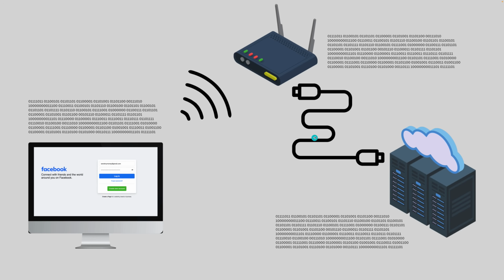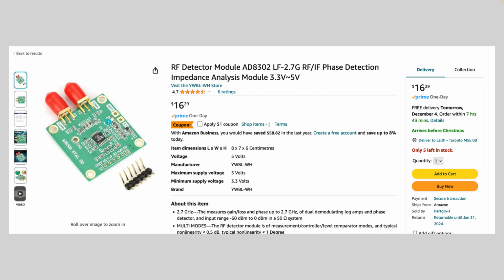So for example, if I was sitting right next to you and I wanted to know what your email and password are, I can just buy this thing on Amazon, which costs 17 bucks, not very expensive. What it does is it detects radio waves and converts them to bytes.